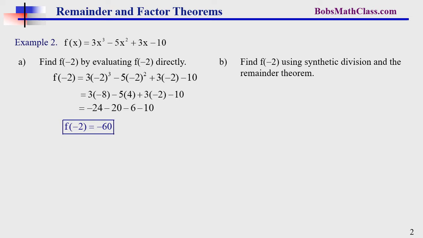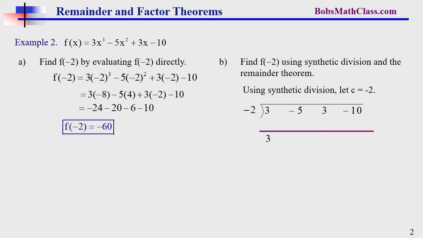All right, now let's do the same thing, but this time let's use the synthetic division. So we just write the coefficients and the last constant, and we're going to use negative 2 for our c. Draw the line, put the 3 underneath the line.